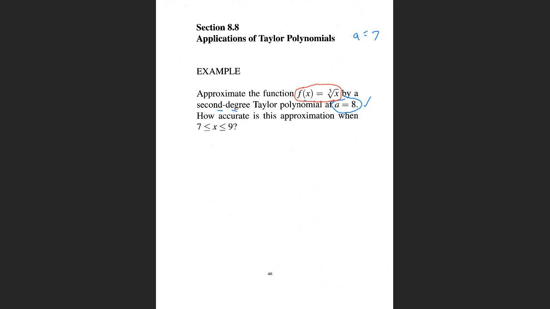Remember what we have to do here. Since this cube root of x is not in the table here, I have to derive the Taylor polynomial using the formula here.